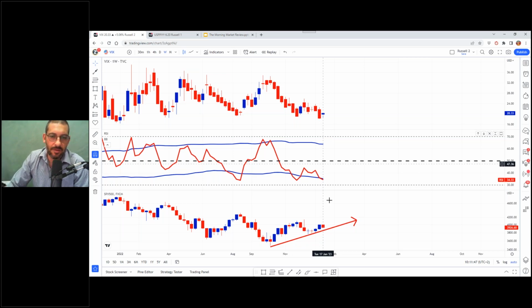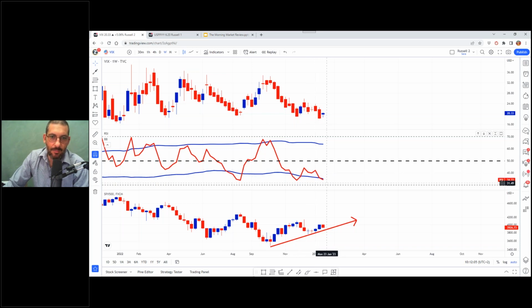So we just want to be very cognizant of the fact that there is a certain complacency in the market. That complacency will have to correct at some stage. This is a weekly chart, so it can take a few weeks before it works itself through, but it's worth just putting the warning out there.